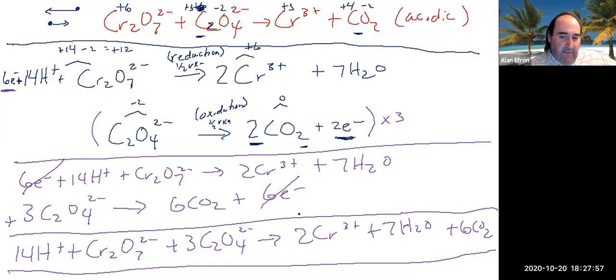So balanced, again, both ways, both in terms of elements and charge on both sides of the arrow. Again, the charge does not have to equal 0, but just needs to equal the same charge on both sides. Question on how to balance these more complicated redox type reactions? Any questions on any of that?